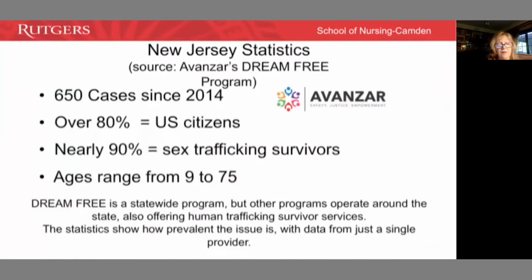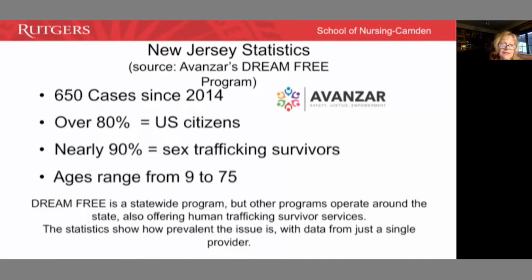Other statistics that we have for New Jersey are even more helpful. For example, there are many coalitions that are founded in New Jersey to help victims, and one of them is called Avanzar. And this program has documented since 2014 at least 650 cases of human trafficking.